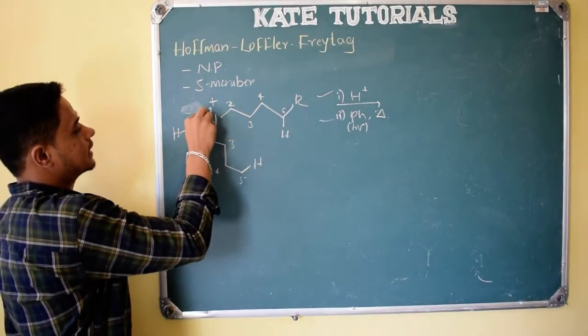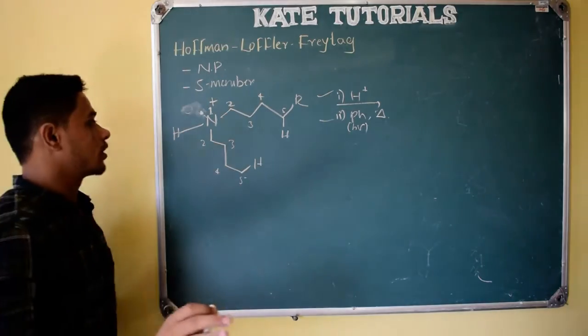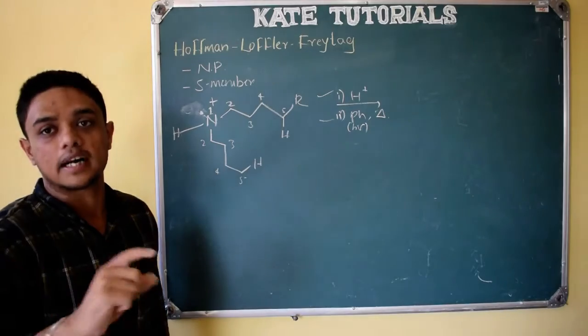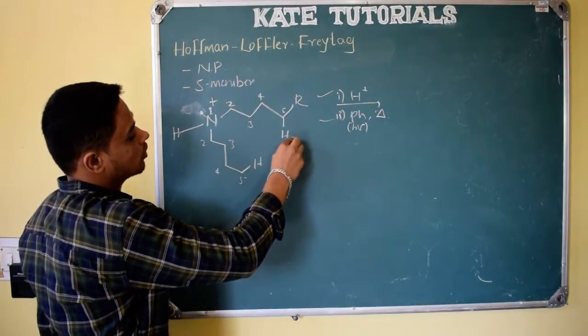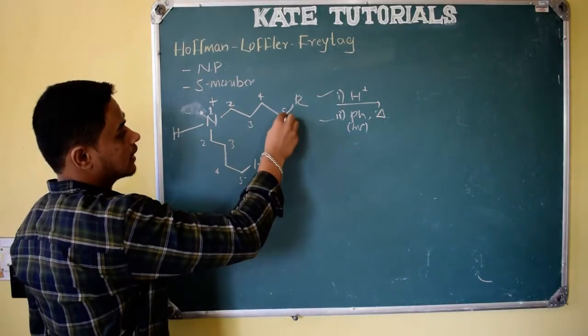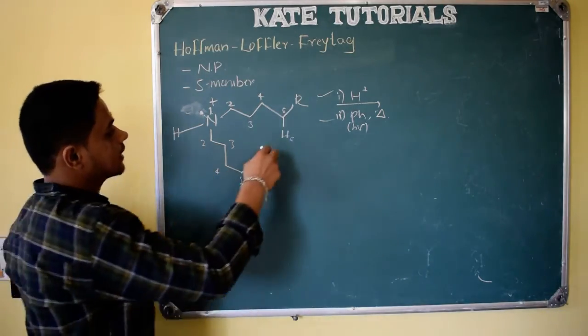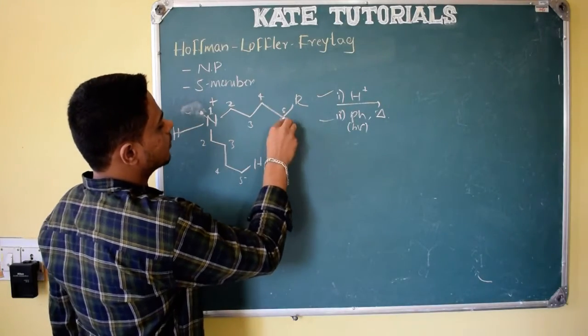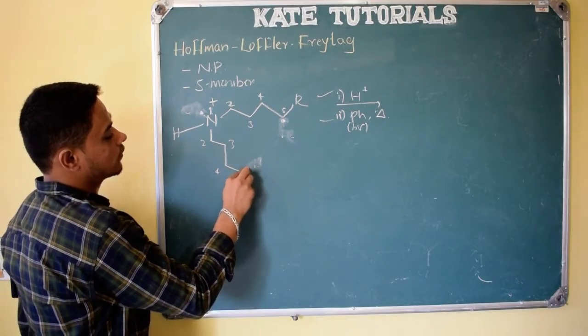So we get an N-centered radical, which is very unstable because electronegative atoms can't have a radical, right? So it will take this sixth proton, or I can say the fifth carbon containing proton, right? So it can take here, and here the radical may form. If it takes this proton, here the radical will form, right?